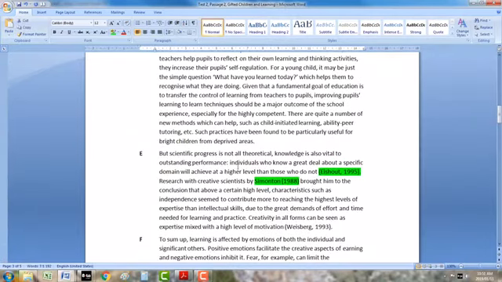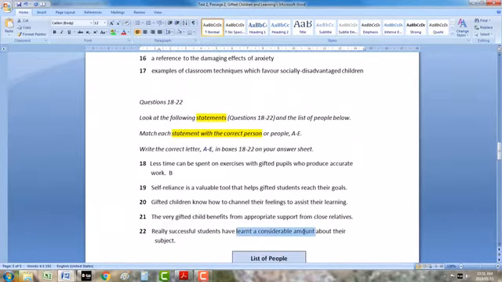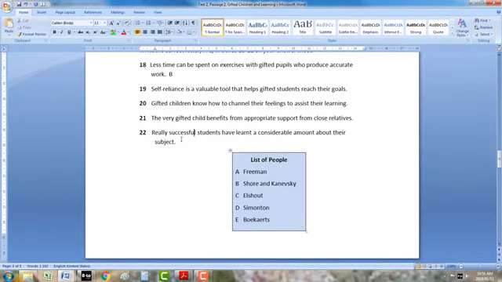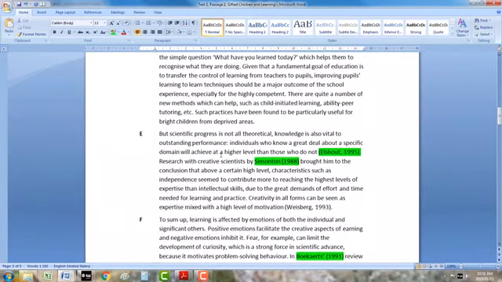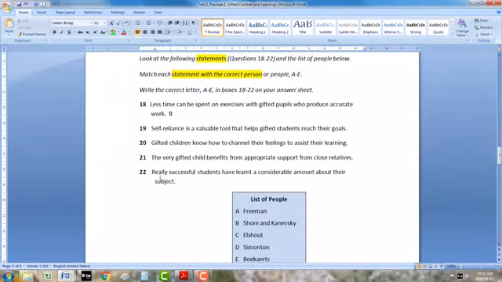Here they use the word domain. Know a great deal about a specific domain. Know a great deal and learnt a considerable amount. That was the key. Domain, you don't know what it is, don't worry, you need to just guess that it means subject. So I'm quite happy that Elshout, who was that? Yeah, Elshout is 22. C.